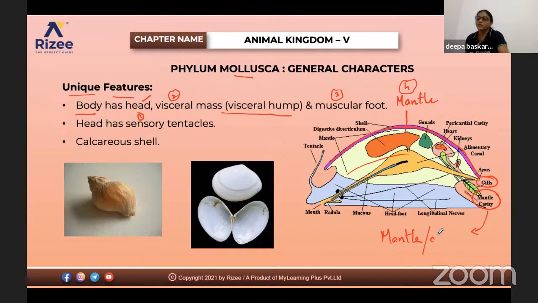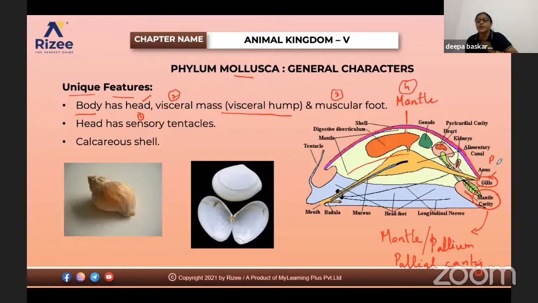Mantle cavity or pallial cavity. Another name for mantle is pallium, so the cavity is called mantle cavity or pallial cavity. Both are the same. In this mantle cavity, the gills are present.